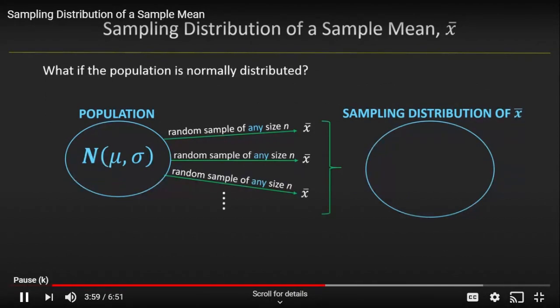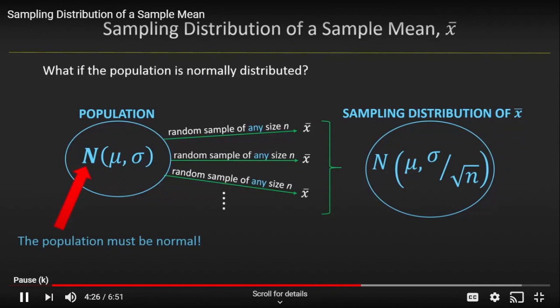Since the original population was normally distributed, regardless of what sample size we used, the distribution of all of the sample means will also be normally distributed. And as we mentioned before, the sampling distribution will have mean mu and standard deviation sigma divided by the square root of n. Note that in order for the sampling distribution to be normal for any size n, the population must be normal to begin with.